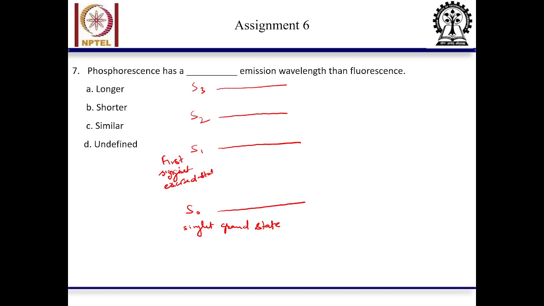Now we have the triplet states, which are lower in energy than your singlet states. So we have this first triplet excited state.